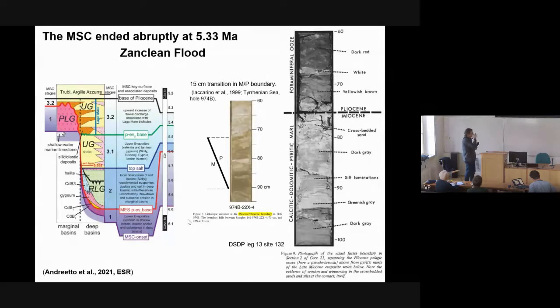The fact is that the transition from all this Messinian record, the sedimentary record, to the Zanclean stage, is very abrupt. So if you go to the original papers where these IODP drillings are described, sometimes you can put the finger on it, and sometimes it's only just a few centimeters. So something that geologically is just instantaneous.